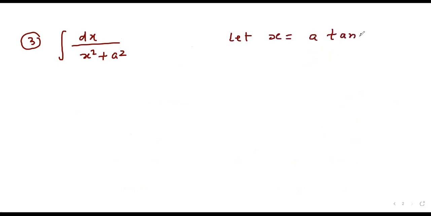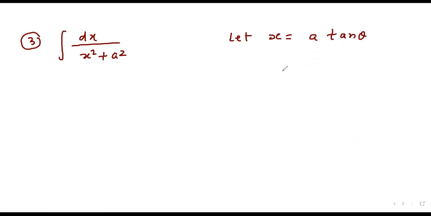So the third part says integration dx upon x square plus a square. Here we can make a substitution. Let x equal to a tan theta.